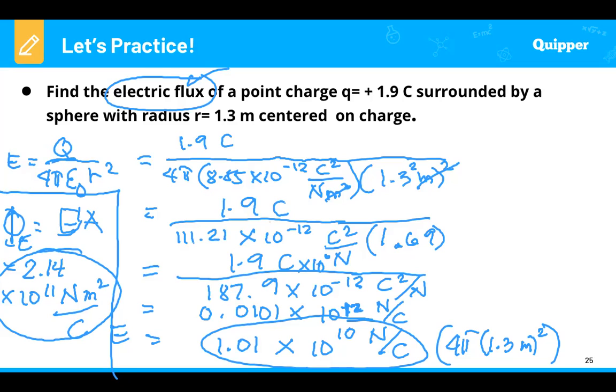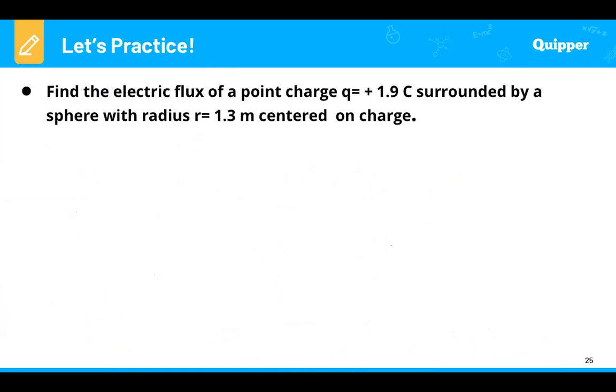I-clear ko muna sila ha. Okay. Let us now proceed to the next one.